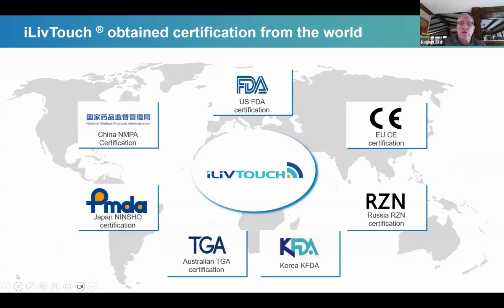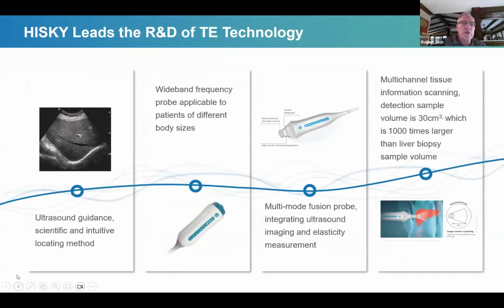This is the certification from different parts of the world. We have China, US, EU, Russia, Australia, Korea, and Japan, showing this has met the highest level of standards from these certification authorities. HiSky has a variety of ongoing research and development efforts in transient elastography technology. This is designed for patients who are thin or thick, large.